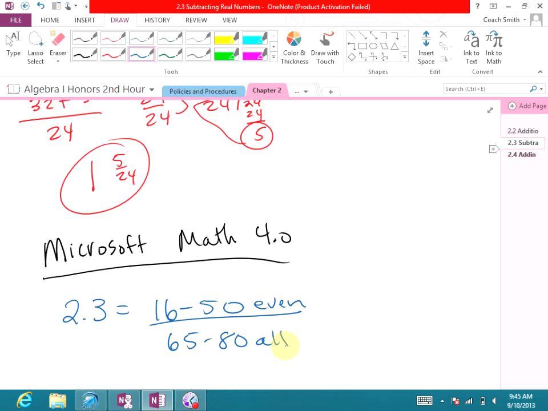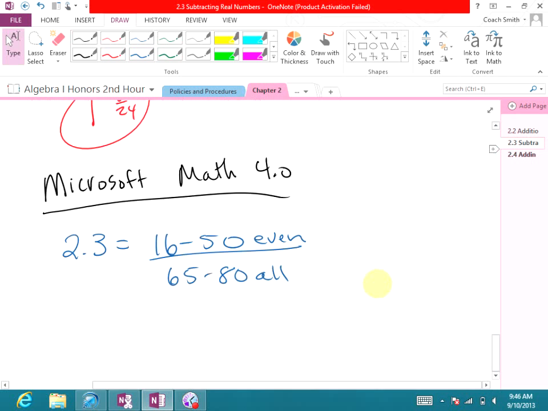Hang on here. Let me see if I can reduce some of those. Yeah, not really. So you need to do them all because this is one of the most important sections we'll have. So that's what's due tomorrow.